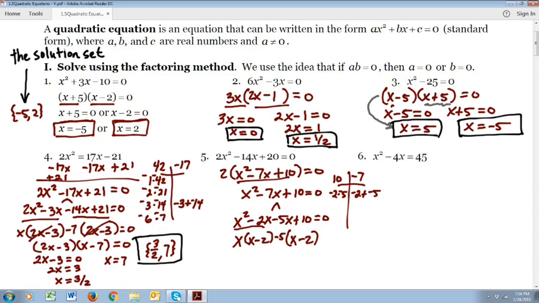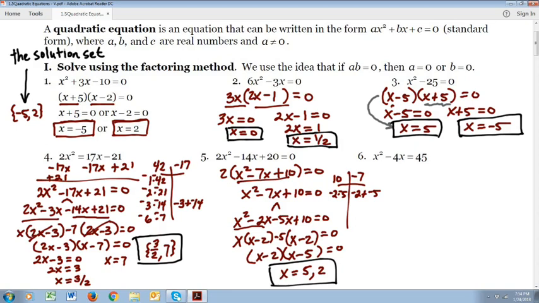And I need a minus 5x there, so it's going to be a minus 5. And if you distribute, you can see that that does equal the 5x minus 10 here. And so we're going to get x minus 2 times x minus 5 is 0, which means our solution is going to be 5 and 2.